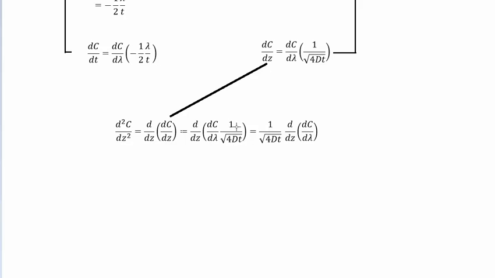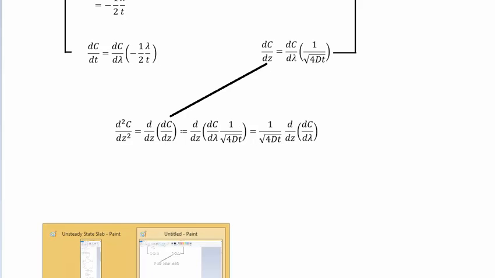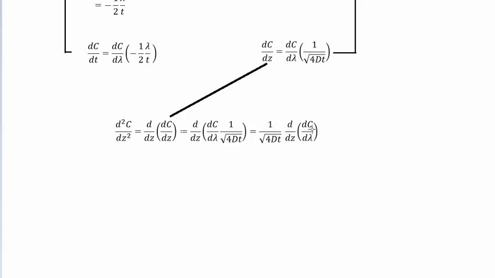And then, because this doesn't have a z dependence, we can pull this out of the derivative, and the only thing we're taking derivative now is dc d lambda. Now, here is where things get a little dicey, right? You're going to be taking the derivative of dc with respect to two different things, d lambda and dz. This is a little bit of obscure trivia, but it's actually super important from when you took multivariable calculus.